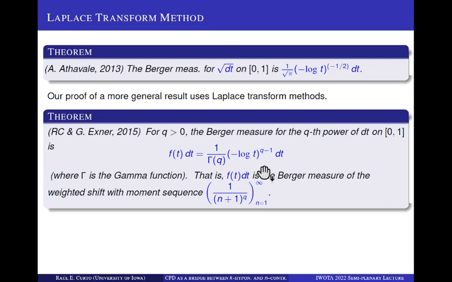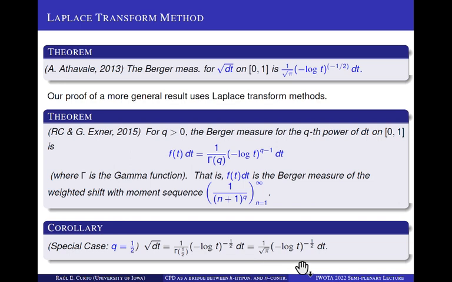We still get the minus log t, just as in the case of Atavale, but in a more general situation. So f dt is the Berger measure of the weighted shift with moment sequence given by 1 over n plus 1 to the q, n from 0 to infinity. As a special case, you get the square root, which is what Atavale had gotten before.